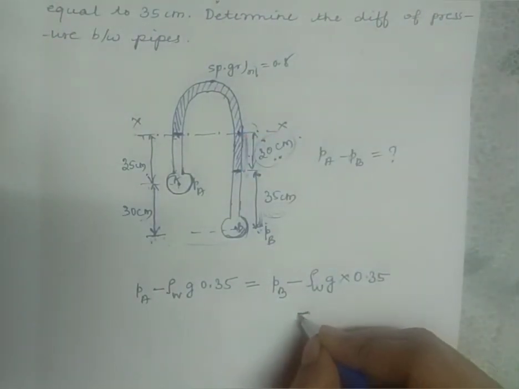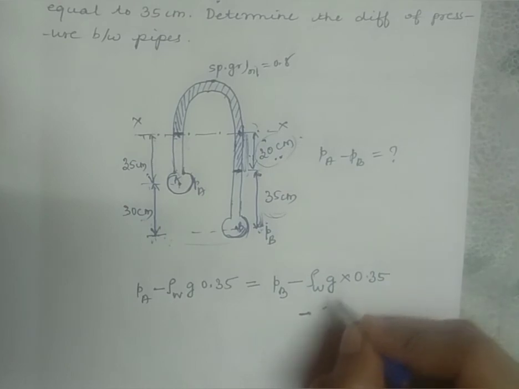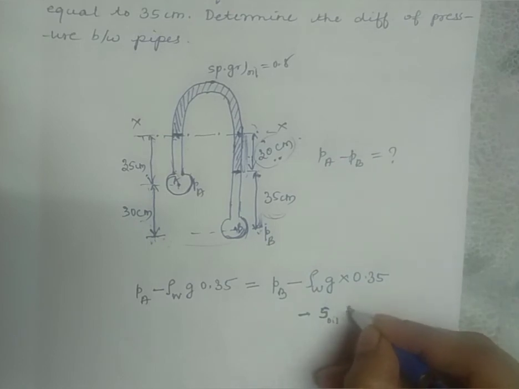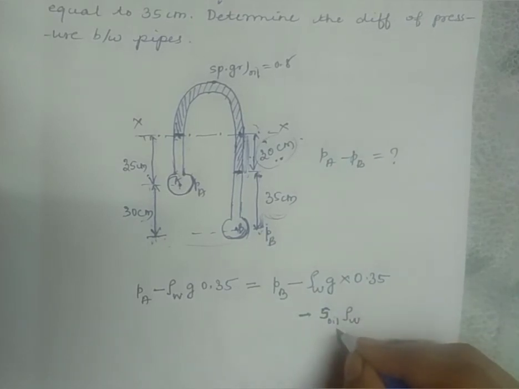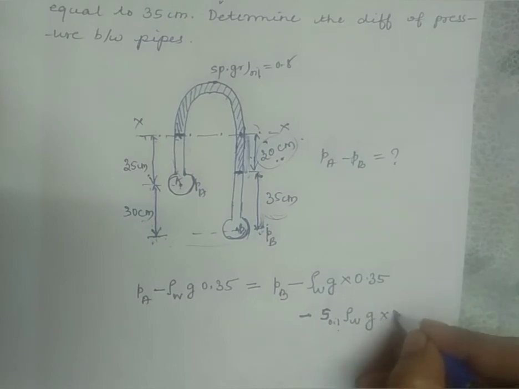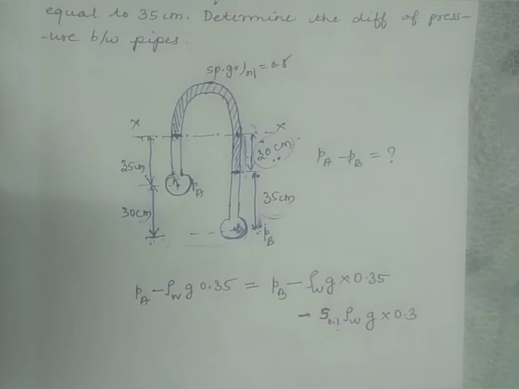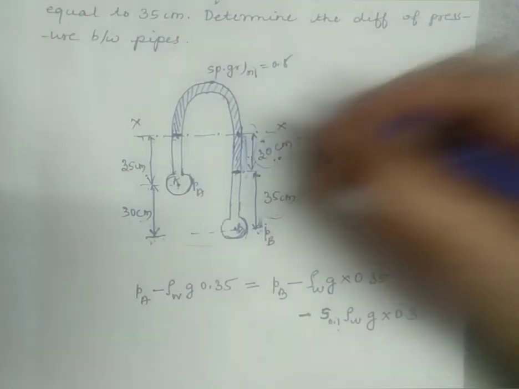Again minus the density of oil, rho oil. How can I find rho oil? The specific gravity of oil, S oil, is given; S oil into rho W gives rho of oil, into g into 0.3 meters. I hope this is clear.